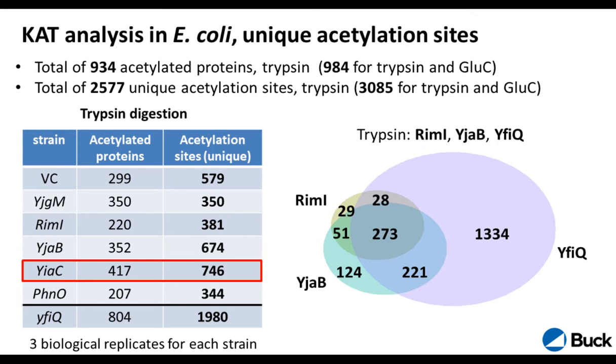What I show in the Venn diagram is actually that these different acetyltransferase candidates have very different site specificities, and the overlap would be there, but there are many unique things that are only targeted by some of these specific acetyltransferases.